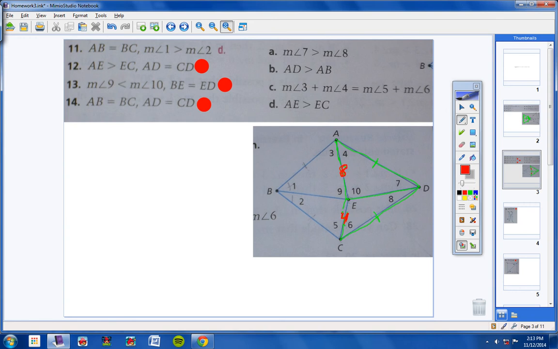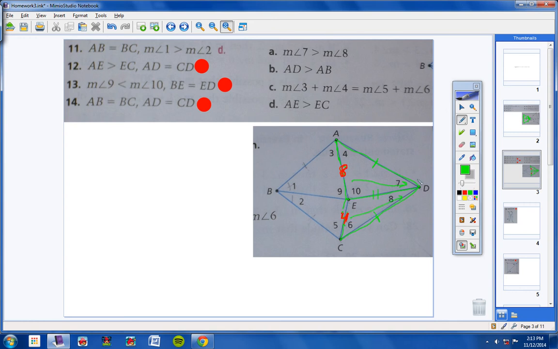Now watch this carefully. Notice I have side congruent to its side, and they share a side, so I have this side congruent to itself. So I have side angle side and side angle side. Now remember, if you have two sides of a triangle congruent to two sides of another triangle, if the third side is bigger than the other third side, then the angle across from the longer side is bigger than the angle across from the smaller side.